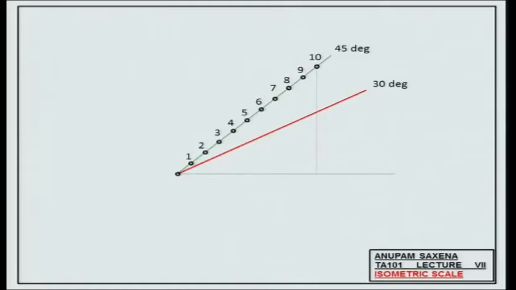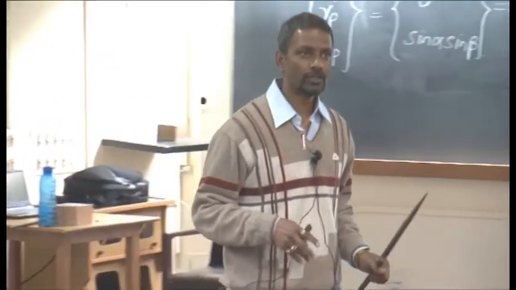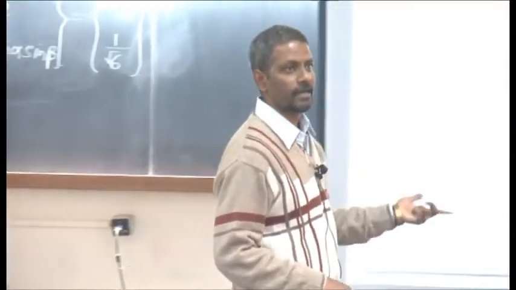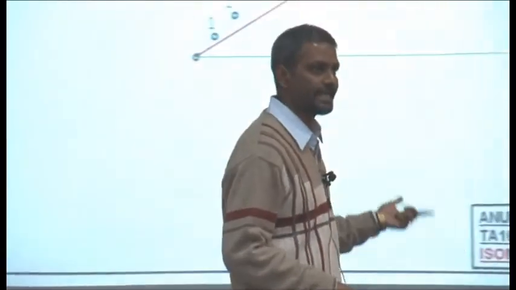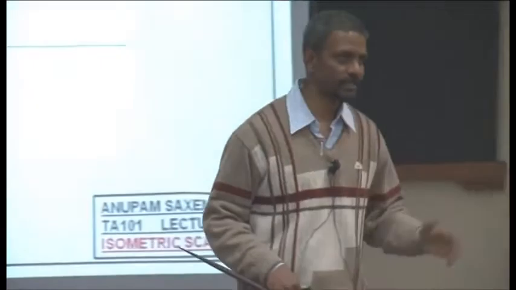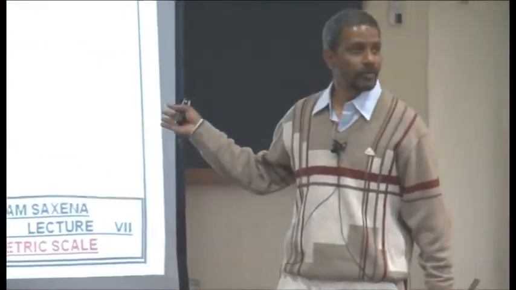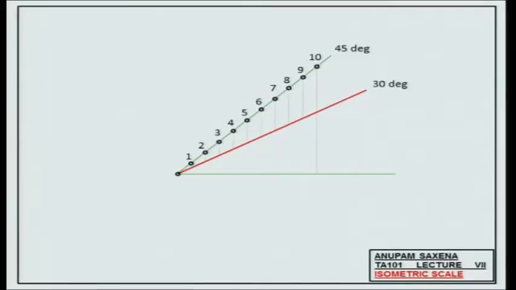As far as TA 101 is concerned, you don't need to worry about the math that we have done. What you need to worry about is how to draw the x, y and z axis on your sheet and how to come up with the isometric scaling. Okay?